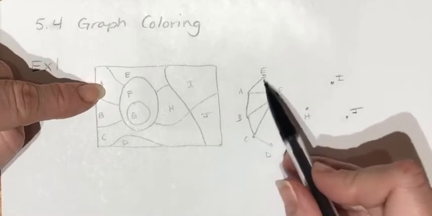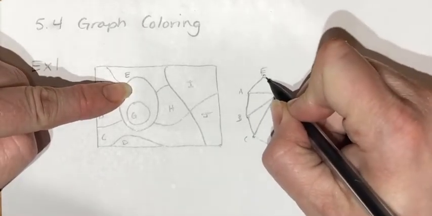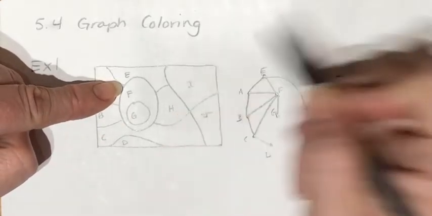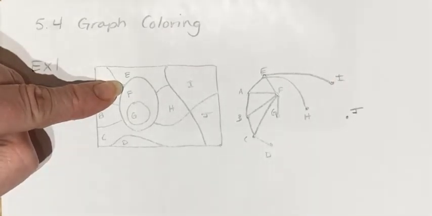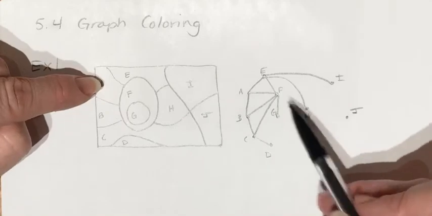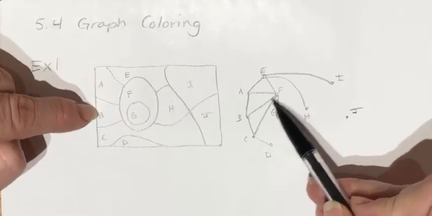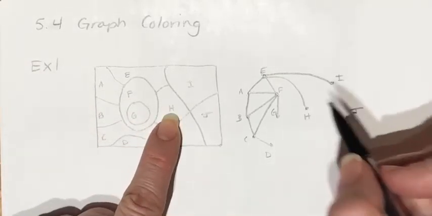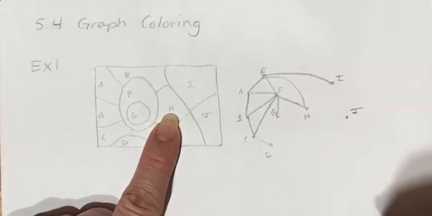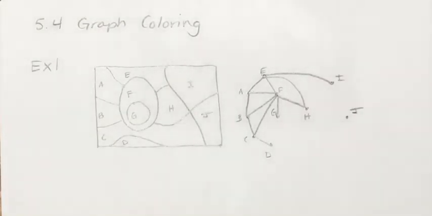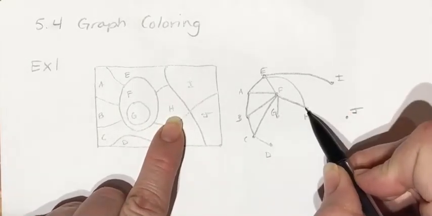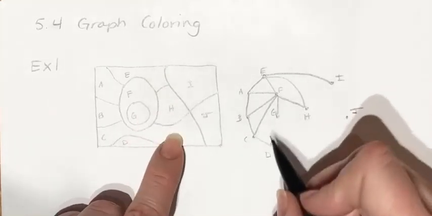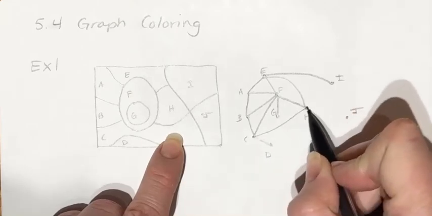E touches A, F, H, and I. F touches E, A, B, C, G, and H. H touches E, F, oh, I missed this one here, C touches H. That's why it's good to go through all of them.